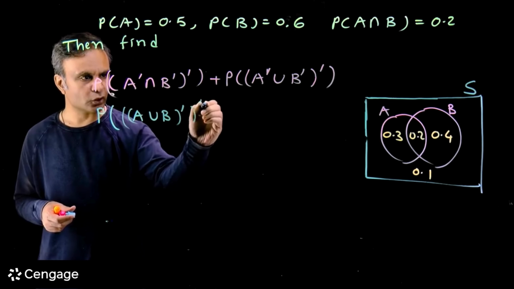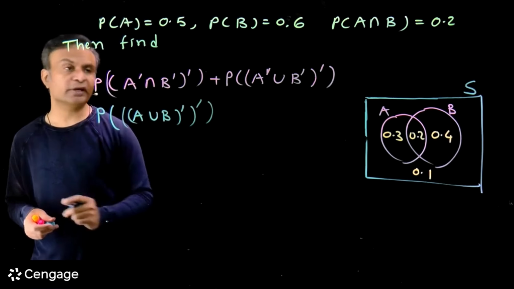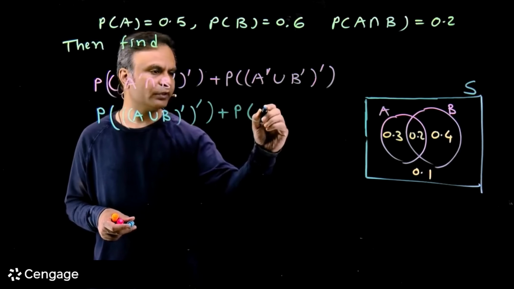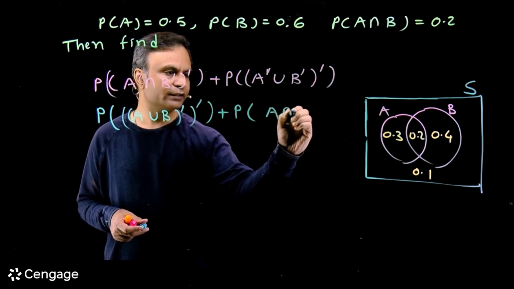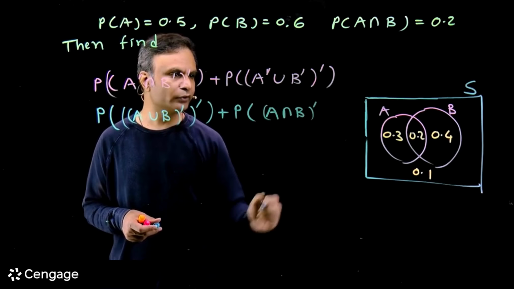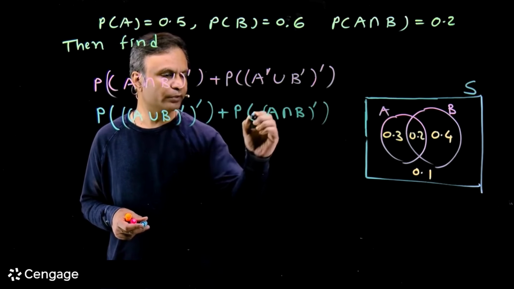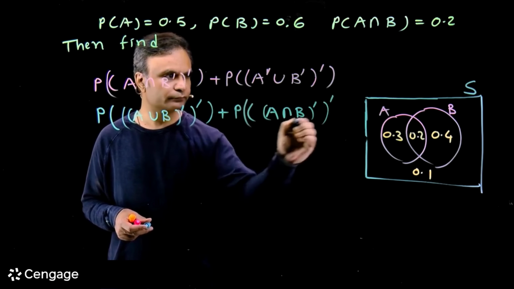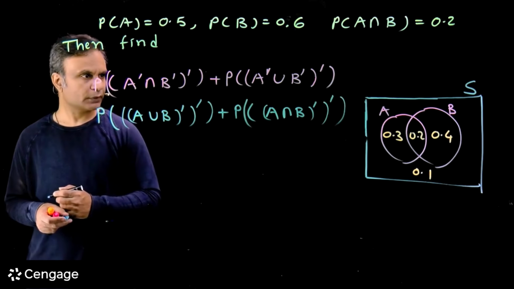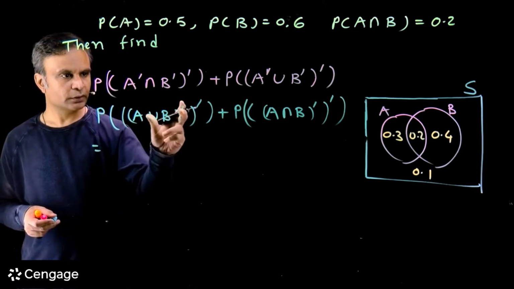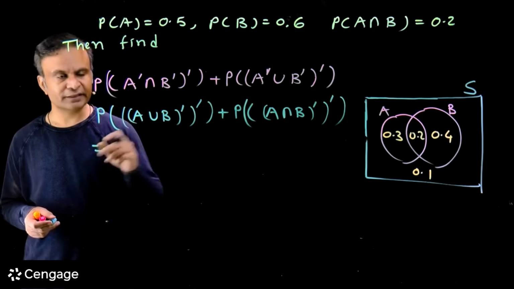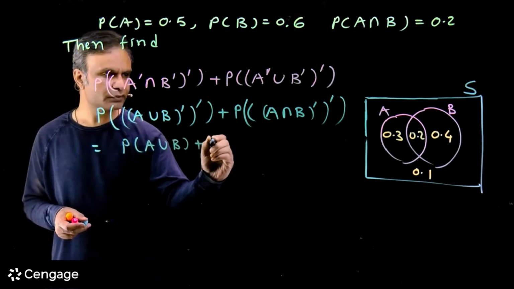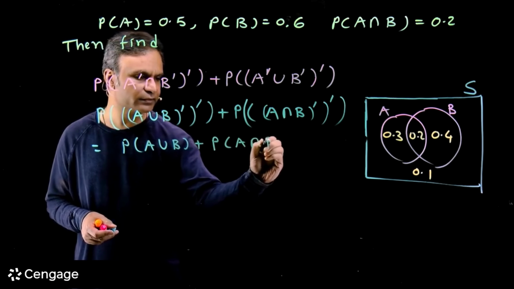So we have here the complement of A union B complement, plus, and here A complement union B complement is equal to A intersection B complement. So we have the complement of A intersection B complement. Now you have to get this sum. Here complement of complement is the initial set. So here we have probability of A union B plus probability of A intersection B.